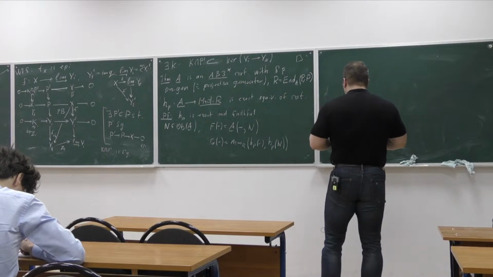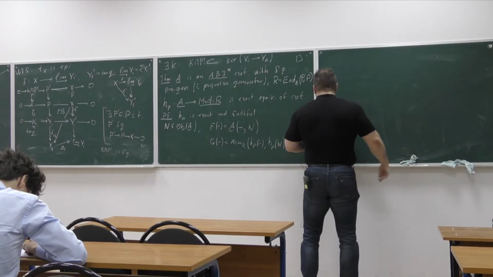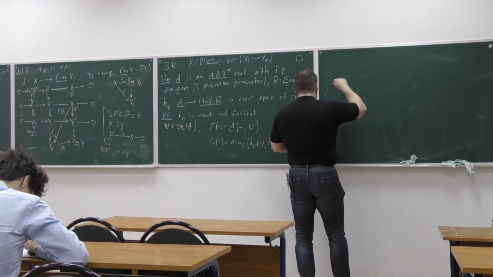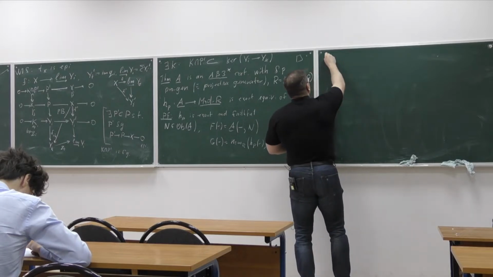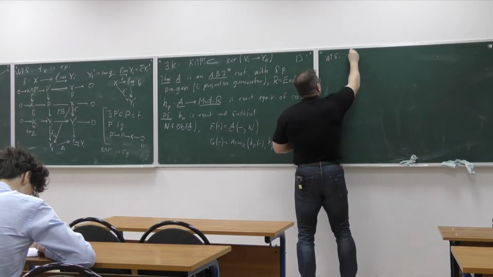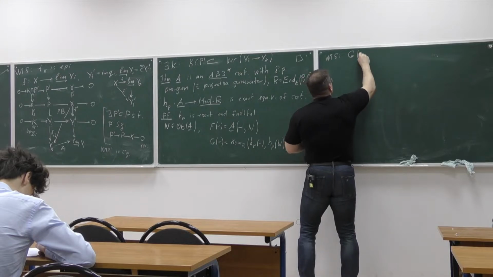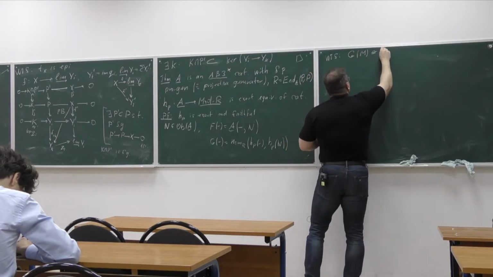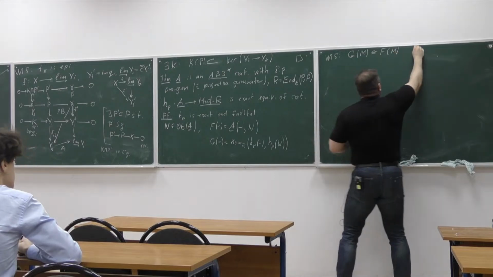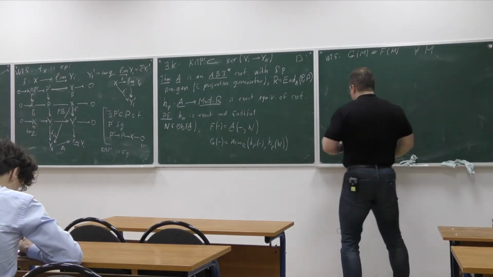So I want to show that g of M is isomorphic to f of M, and this is true for any object M.